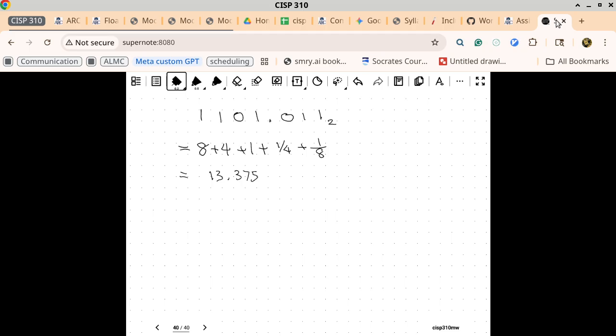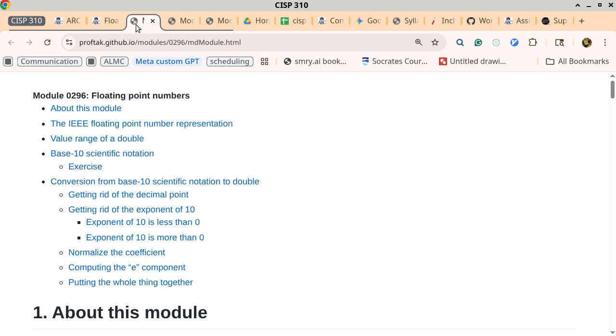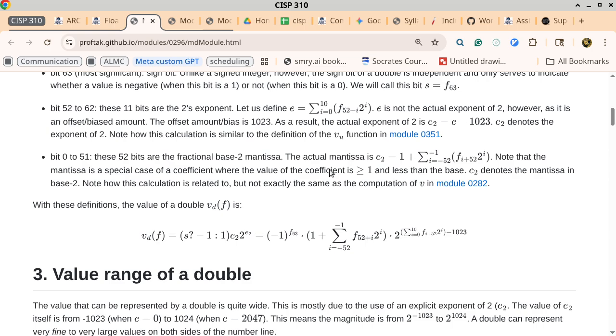Let me go back to the notes, because in the notes there is an equation that defines the value being represented by a floating point number, and this is that. I know it looks kind of ickish, especially just this part.